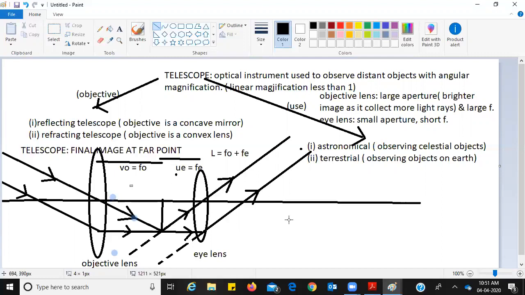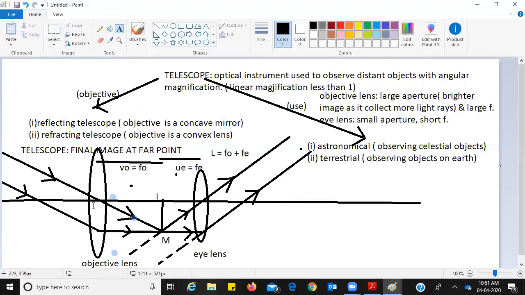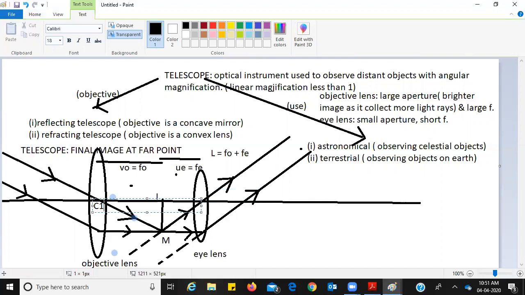Can you mark theta I and theta O? So you've not marked them yet. I'm marking I, M, C2, C1.